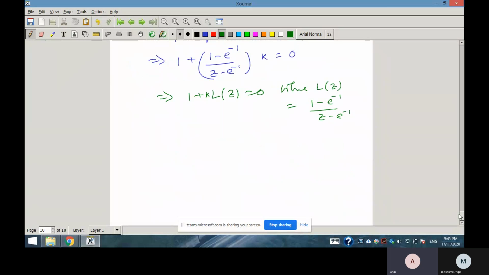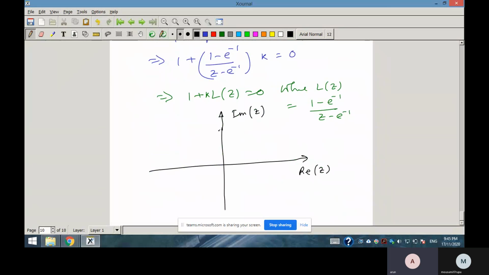So now if you draw the root locus, how will it look? The root locus will look like this. This is the real axis of the root locus, same thing. Just now the stability region will be different.